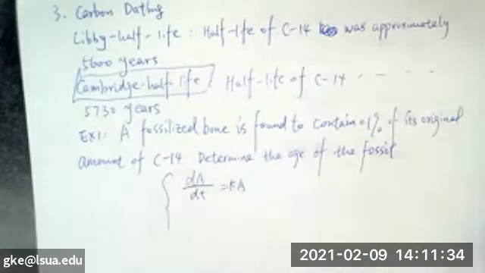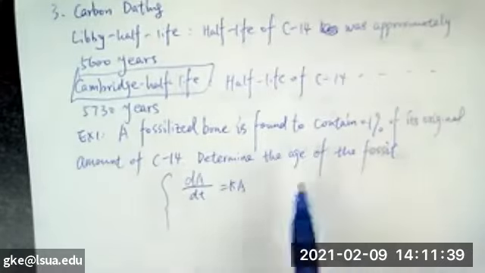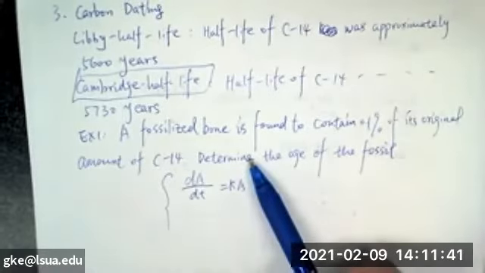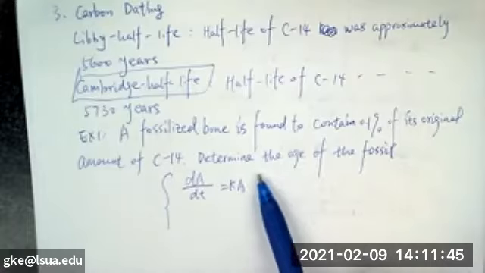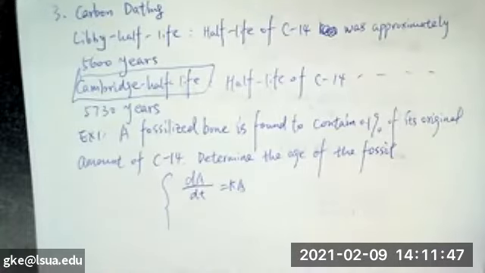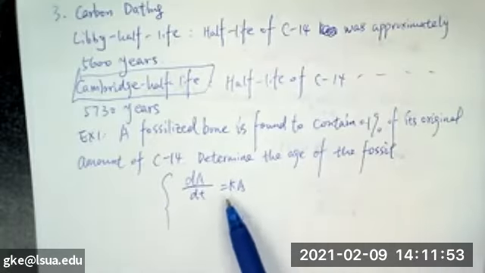Okay, that's the linear model. k is the coefficient. It can be a growth or decay, right? And for this case, we can say that it is the decay.